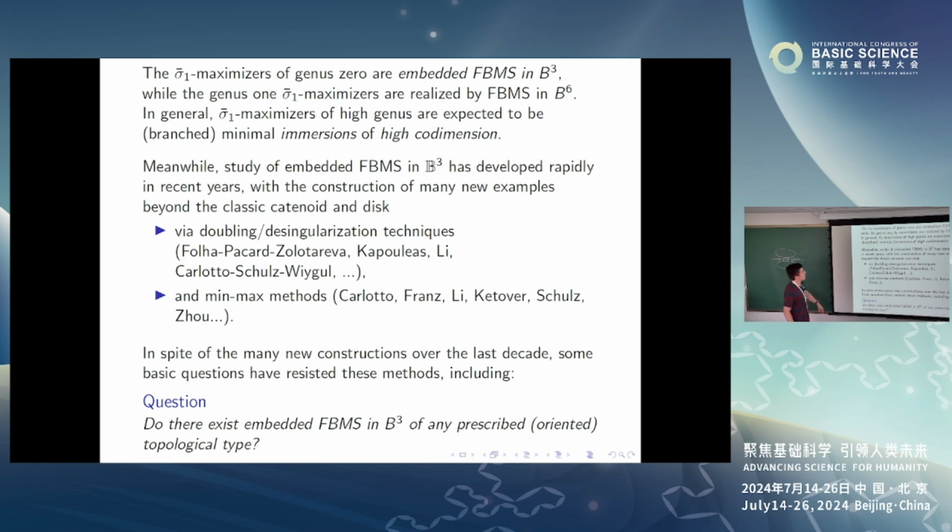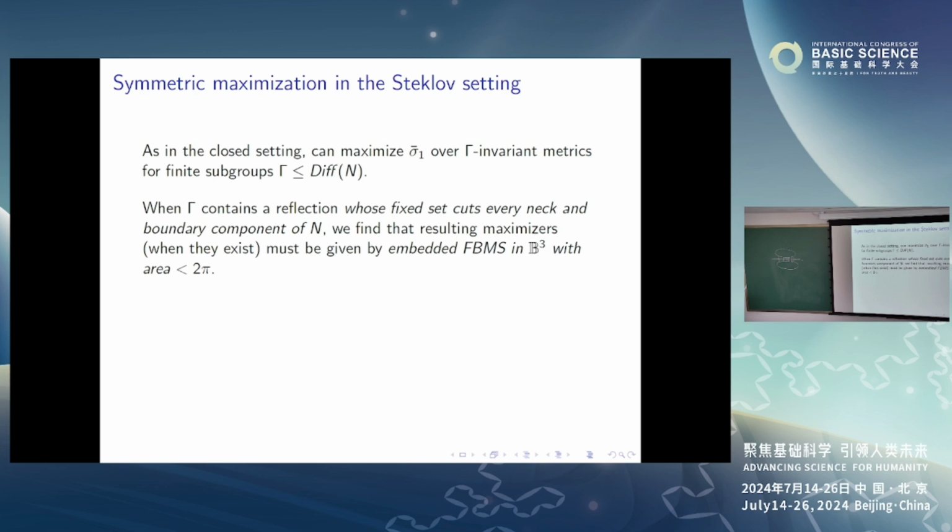Okay, so with the doubling techniques, it's very easy to prescribe behavior, but only as the topology gets very, very large. With the min-max methods, it's very hard to control topology, especially from below. There's good techniques now for controlling topology from above, but showing that you don't lose topology is very hard in that case.